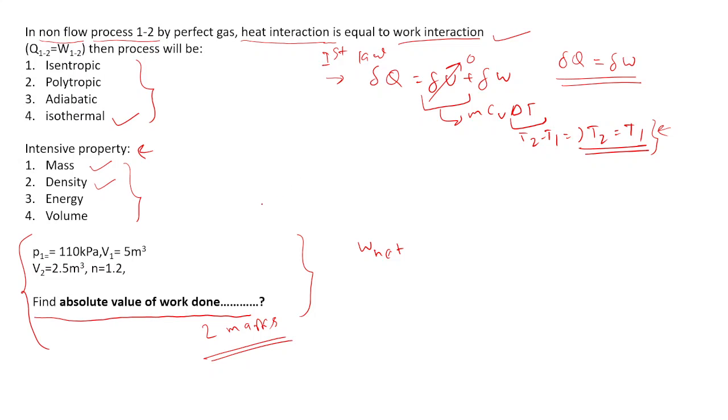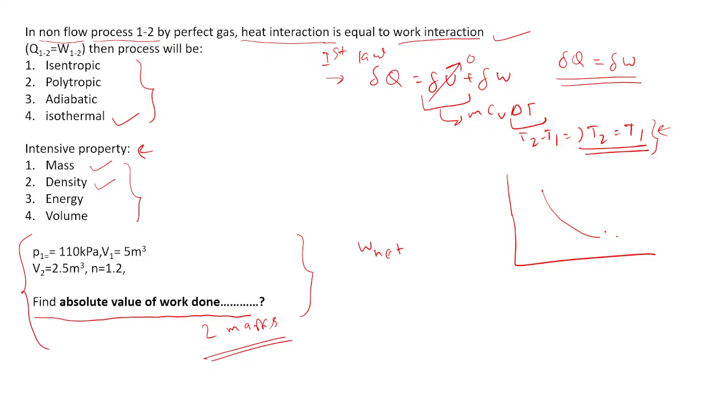Sir, 409 kilojoule, plus or minus? Absolute value. So it is compression here, right? Initially pressure is 110 and volume is 5, and next the volume is decreasing, so pressure will be 252.7.